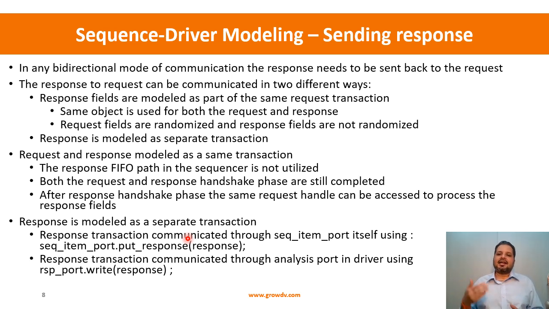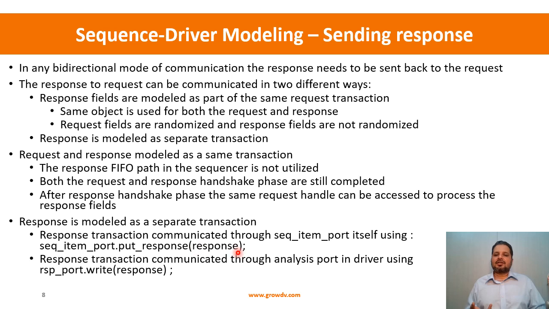Although it sends via the same response analysis port, there are two ways in which it can do it. One way is to use the sequence item port from which it is pulling the requests. It can say sequence item port dot put response and provide the response.